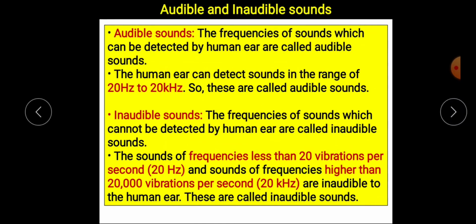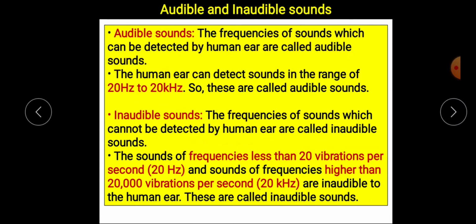Audible and inaudible sounds. Audible sounds are those sounds which we can hear. So the frequencies of sounds which can be detected by the human ear are called audible sounds. Sound can be very low or very high, but human beings have a certain range up to which we can hear. Okay, we cannot hear very low sound, very feeble sound, and we cannot hear very high pitched or high frequency sound.